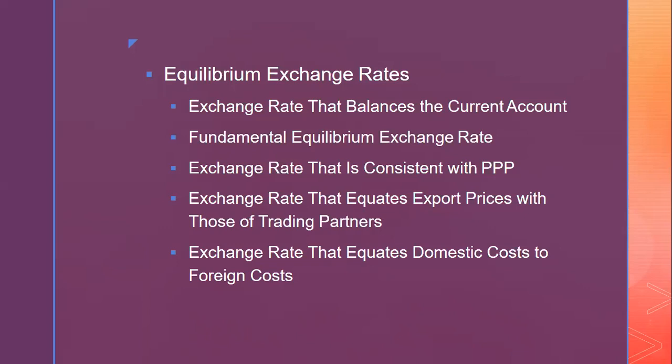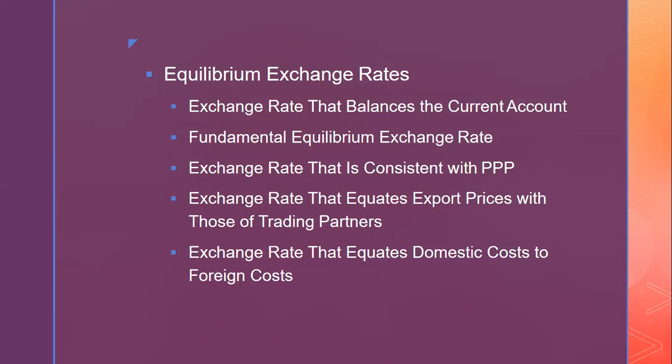That means not fixed, not freely floating, but somewhere in between. They might allow the exchange rate to vary within a given target. So that is the managed floating rate.